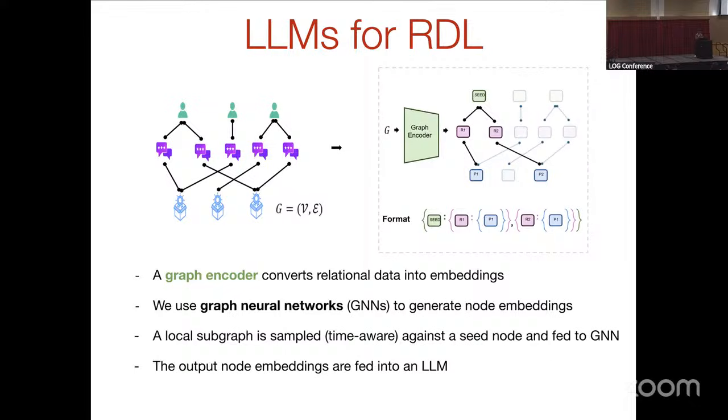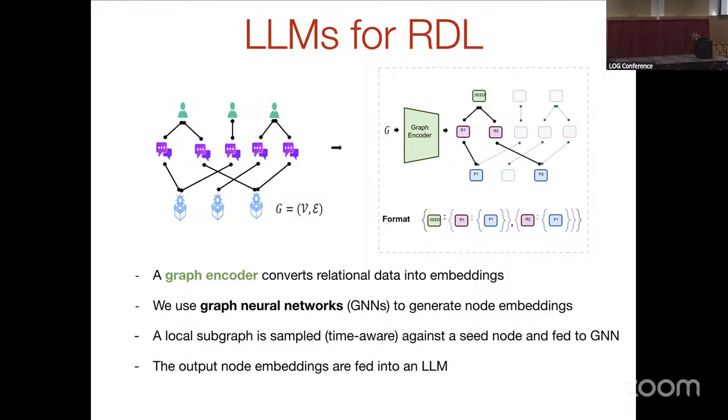So we can apply all of the things that we have seen so far, like graph neural networks or relational GNNs or any other network that can be an RDL instantiation. We can use GNNs to generate node embeddings, which can be fed into an LLM.